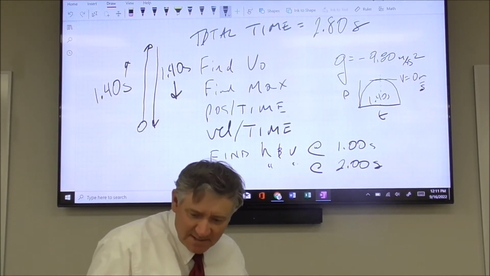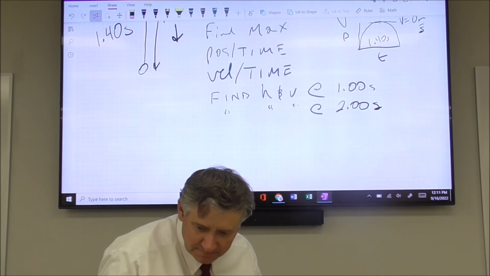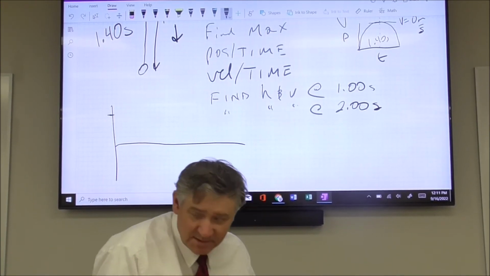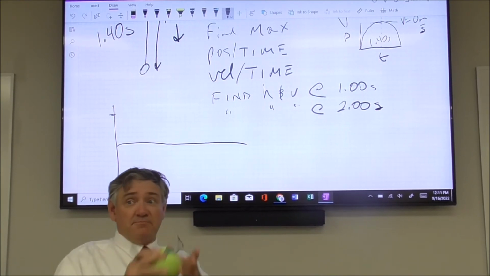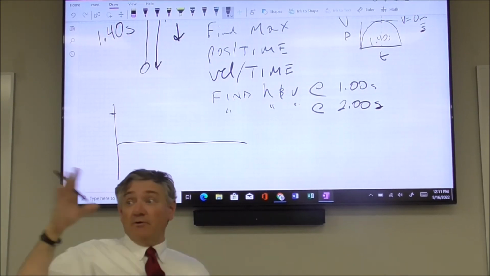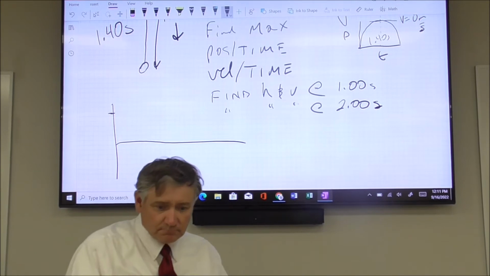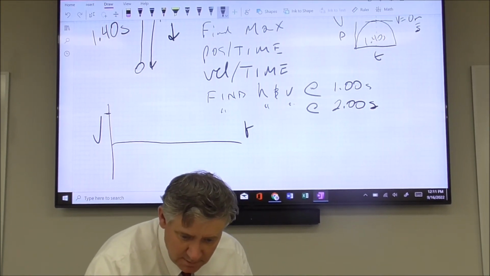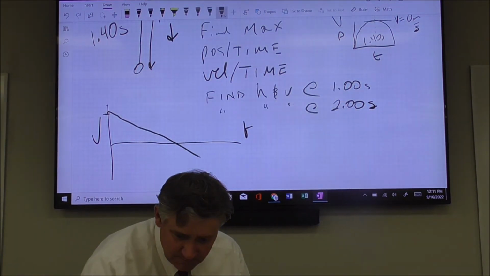What's my velocity time graph going to look like? A line. A negative slope. It's going to start with some positive velocity that I don't know, right? Agreed. Then what's it going to do? Slope down negatively. Straight? Yep.